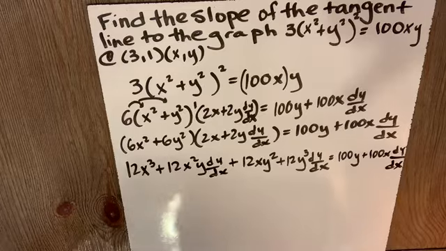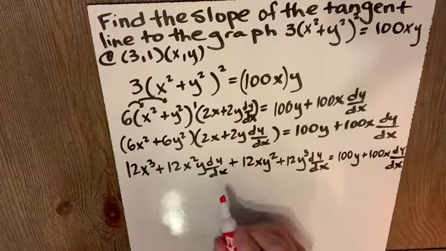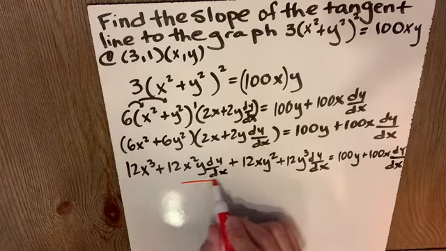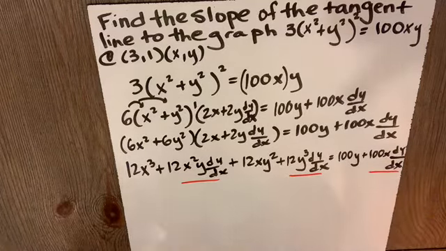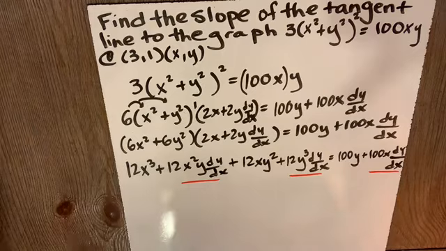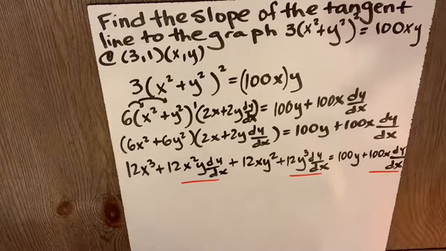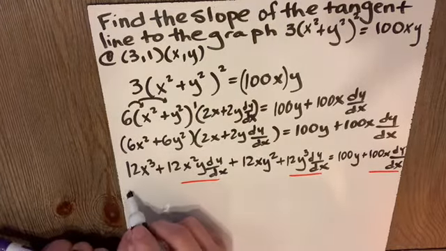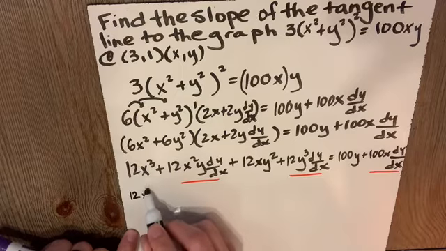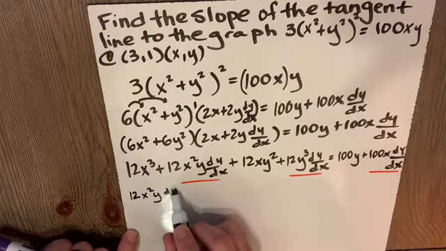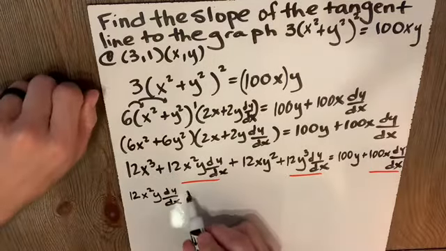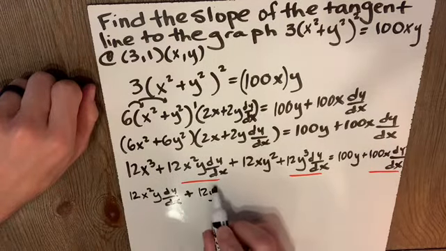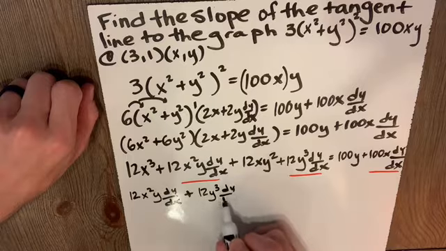And now I can say, well, here I have a term with dy dx. Here I have a term with dy dx. Here I have a term with dy dx. So I'm going to get all of those terms with dy dx together. So I have 12x squared y dy dx, I took that from there, plus 12y cubed dy dx.